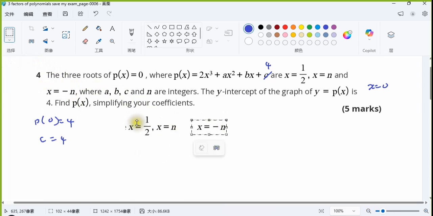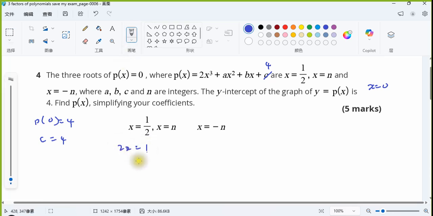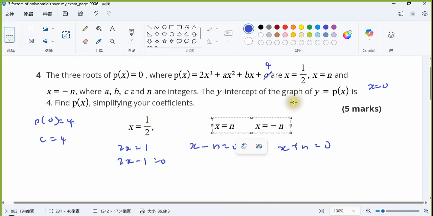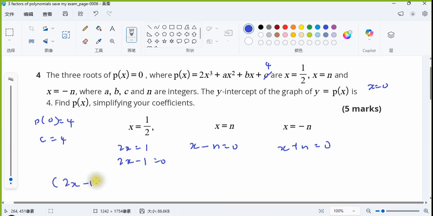Okay, so from here we know that 2x minus 1 is a root, x minus n is a root, x plus n is a root. So we will have 2x minus 1, x plus n, x minus n is equal to the 2x cubed plus ax squared plus bx, and then plus 4.